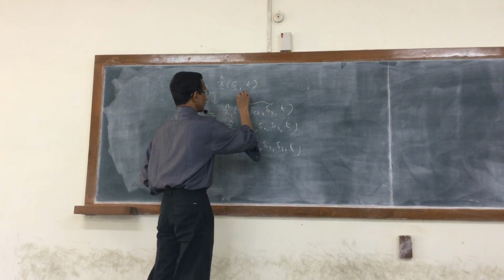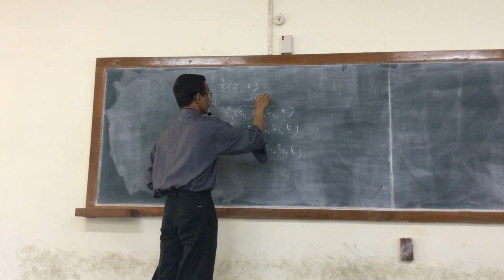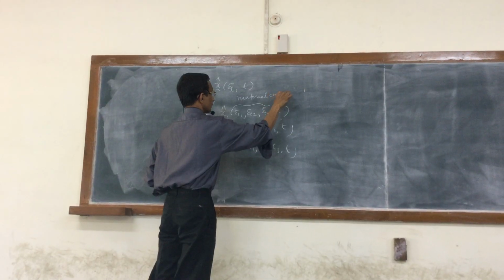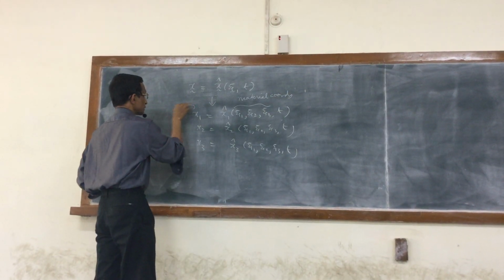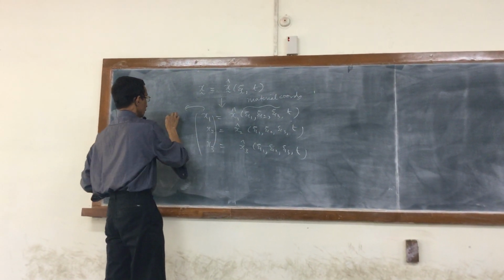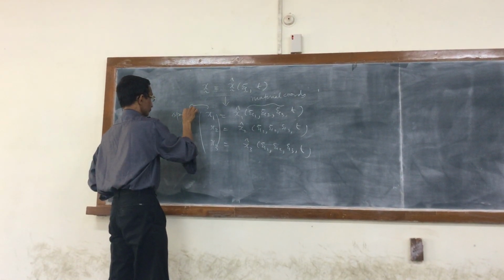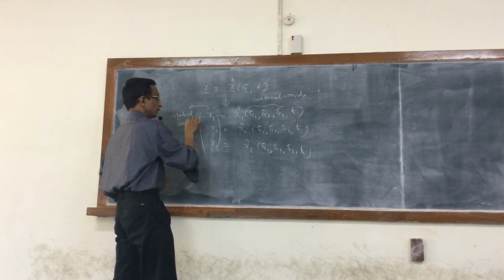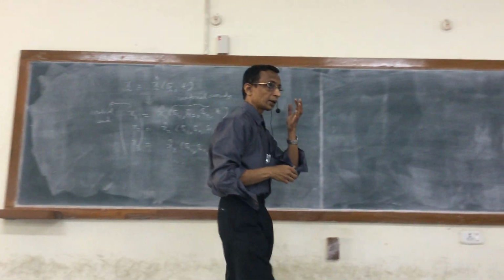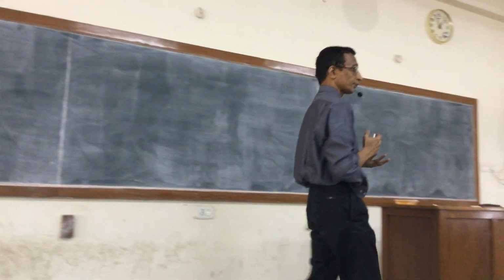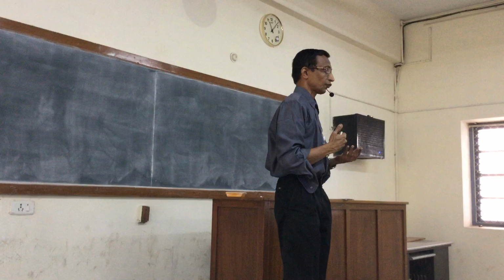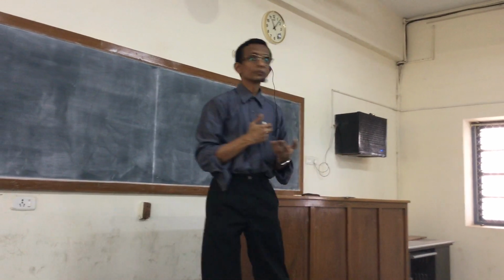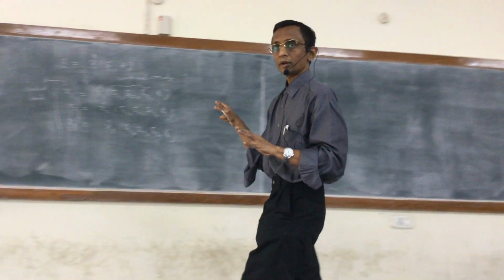These are referred to as the material coordinates, and this is the spatial coordinates. So what this means is that the material coordinates correspond to the coordinates of a fluid point at some reference time, which we are not bringing into the picture.